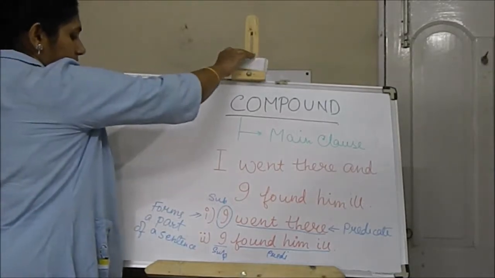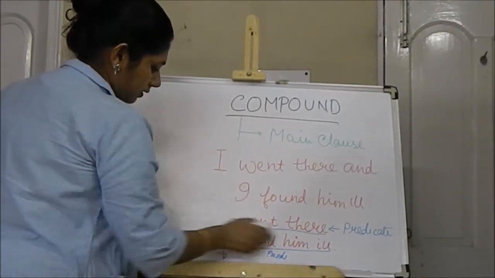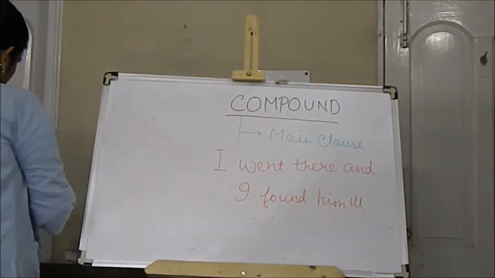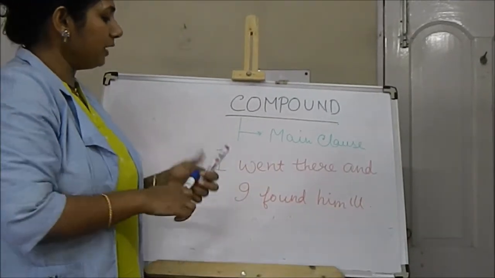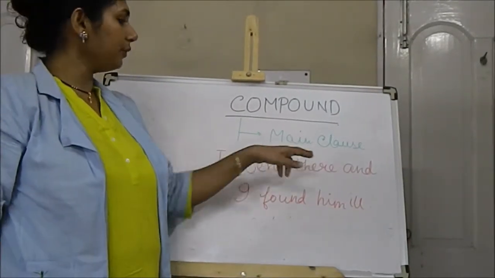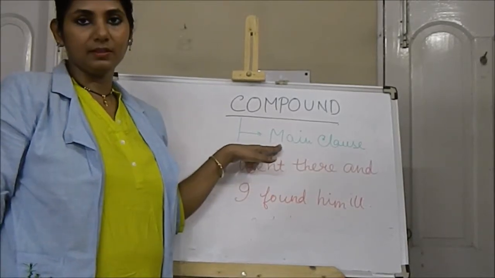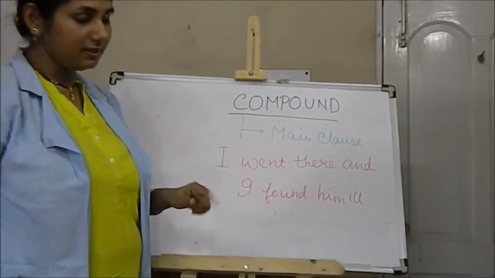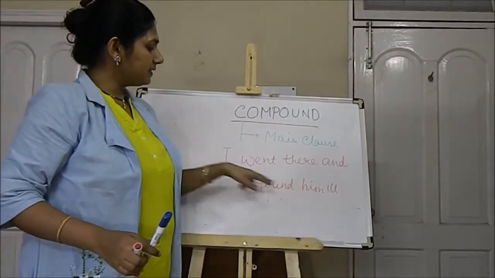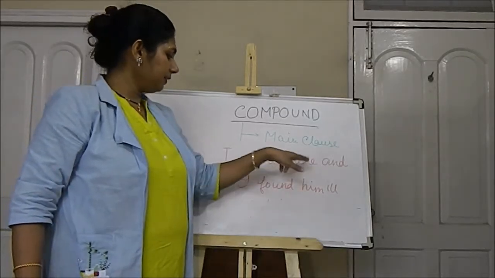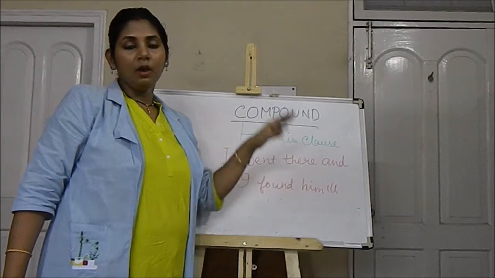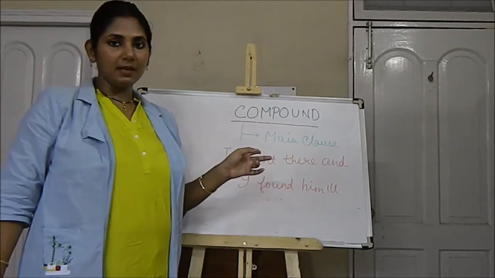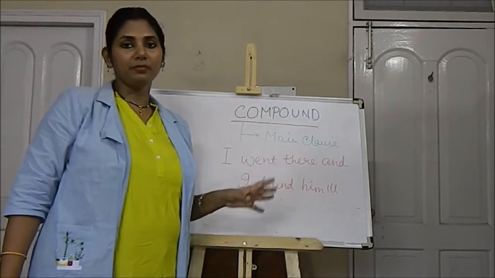Now, what we have to know is what is main clause. Now we have known what is clause. So what is main clause? Take a look at this sentence again. I went there and I found him ill. When I break the sentence into two parts, you have seen that there is a subject, there is a predicate, and it forms a part of a sentence.